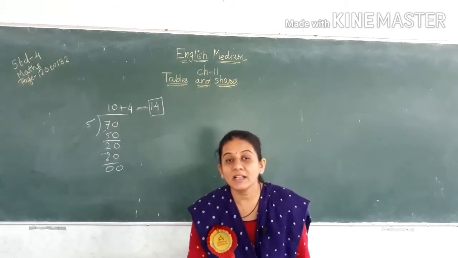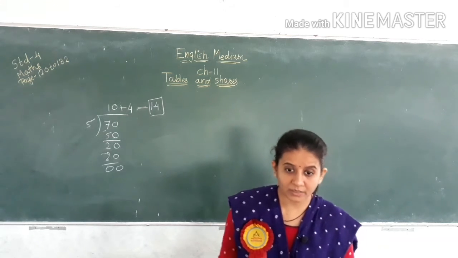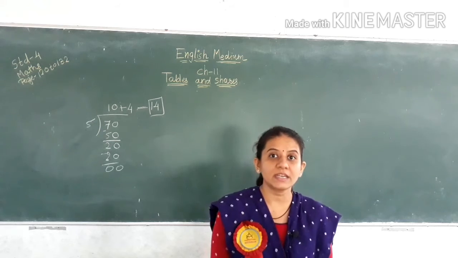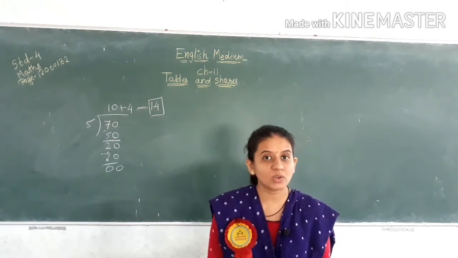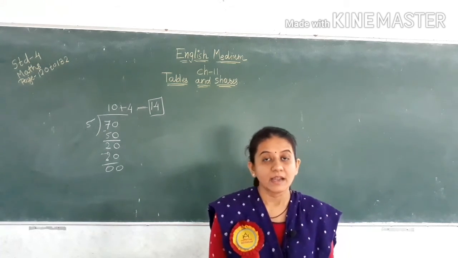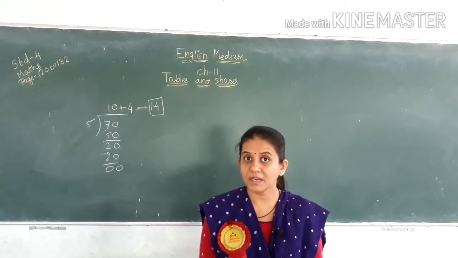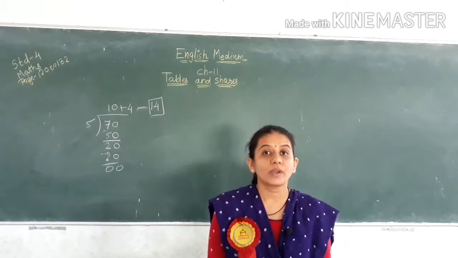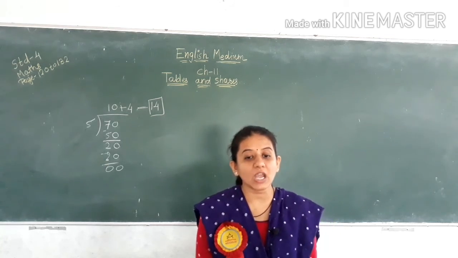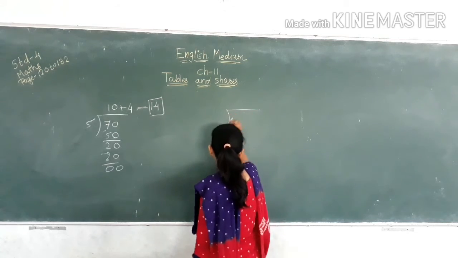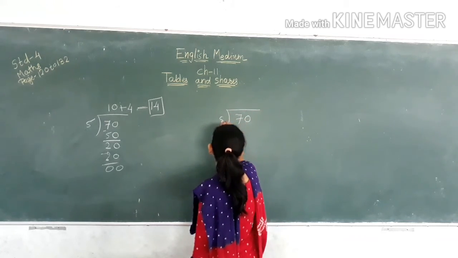Now, another method. Mrudul and Lokesh are trying 70 divided by 5 in a different way. Lokesh writes, first I gave 5 rupees to each.